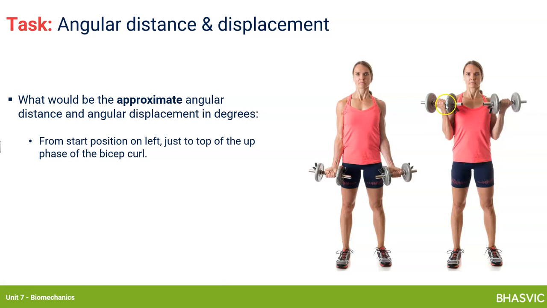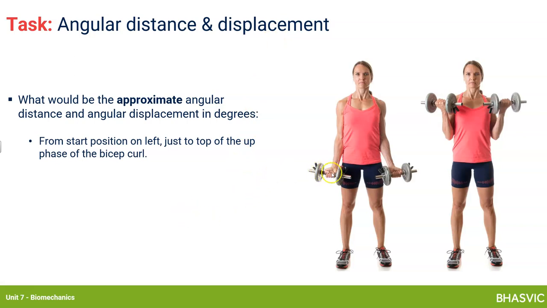It's not quite vertical, so they've moved their forearm at the elbow joint through nearly a whole half movement, just going to the top phase. What would be the distance and what would be the angular displacement in degrees? So distance and displacement are in degrees.